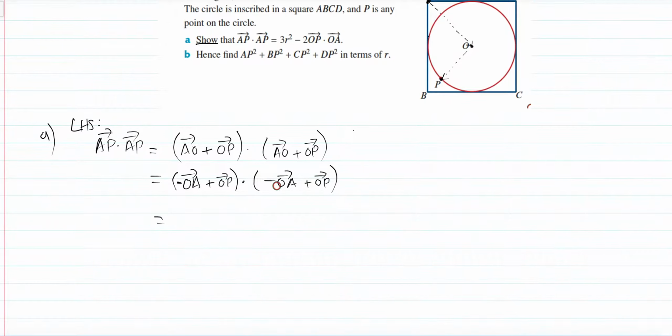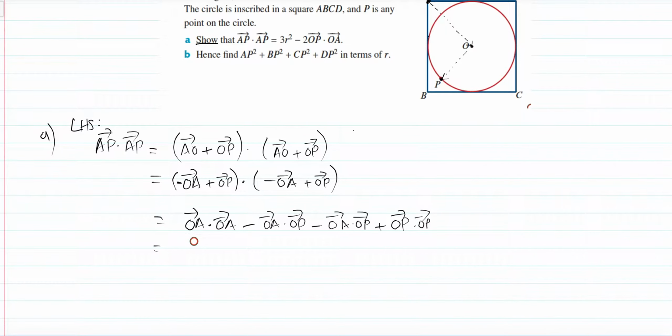Negative OA multiplied by negative OA gives you OA dot OA, of course, and then negative OA times OP gives us not the positive, only the negative, OA dot OP. Same thing over here, negative OA dot OP, and then OP multiplied by OP will give us plus OP dot OP.